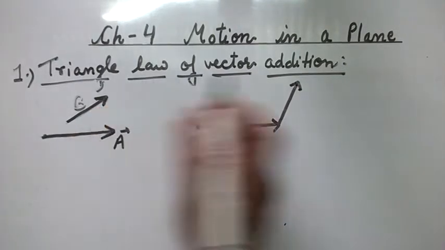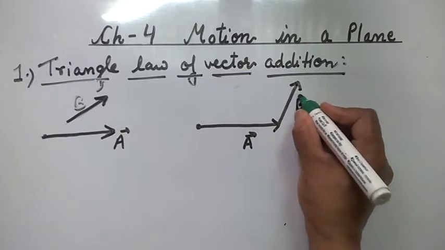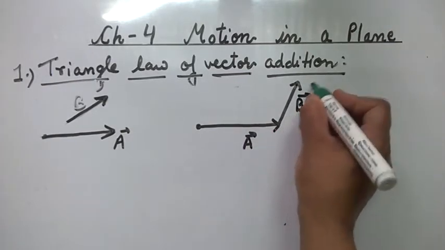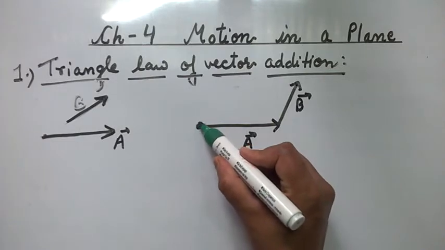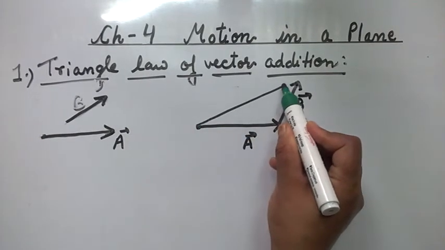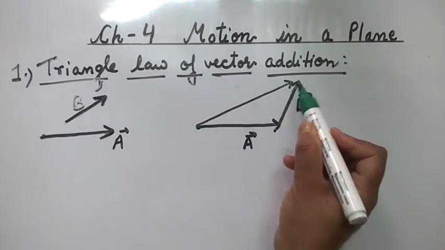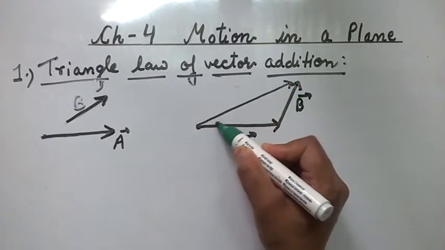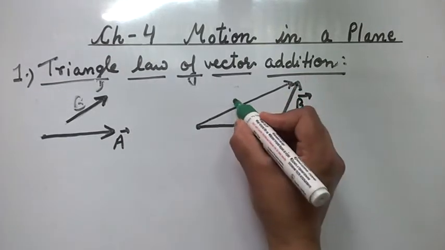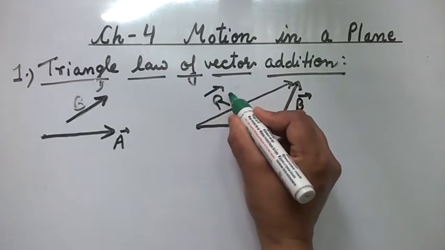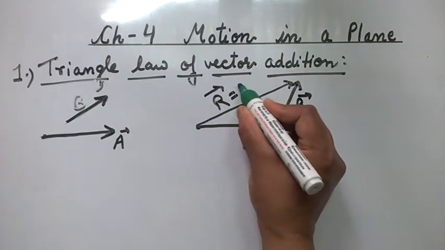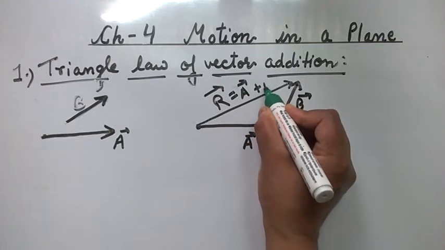This is vector B. They are joining in the same order, one direction, and the resultant is the longest side having opposite direction. This gives resultant vector R equivalent to vector A plus vector B.